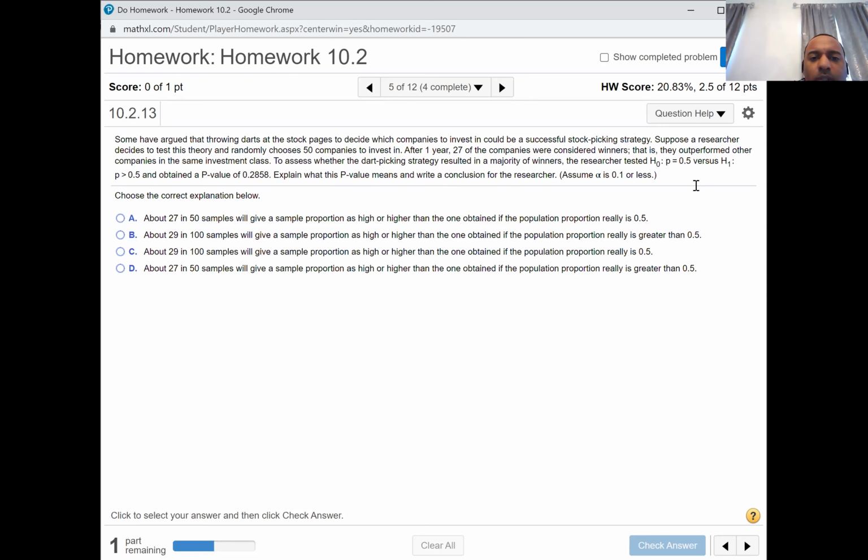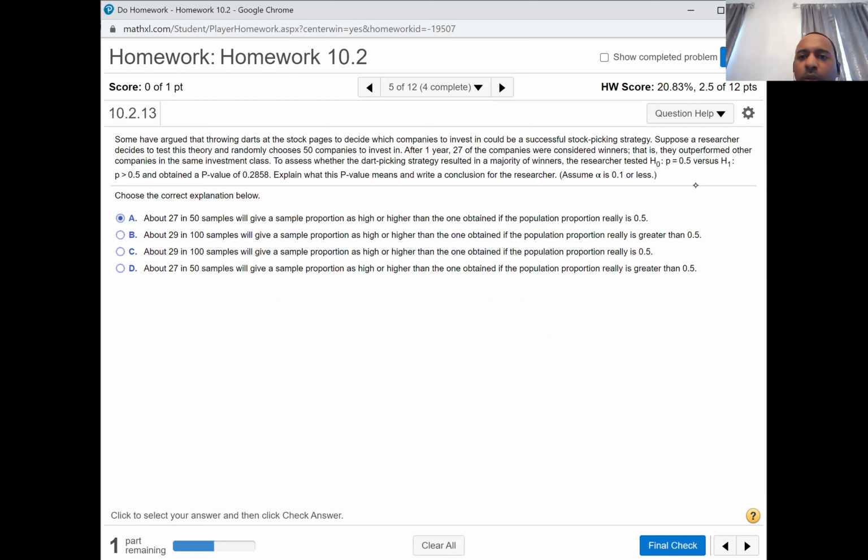About 27 in 50 samples will give a sample proportion as high or higher if the population really is 0.5. So I need this one, need that one. 27 in 50. No, we're not rejecting.